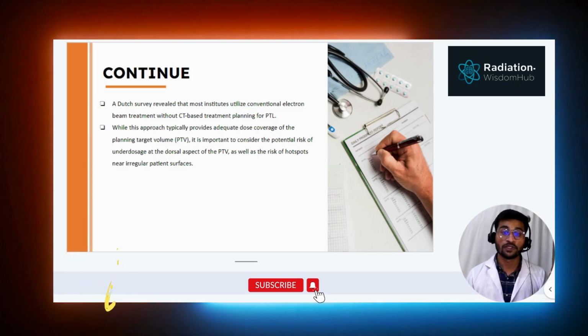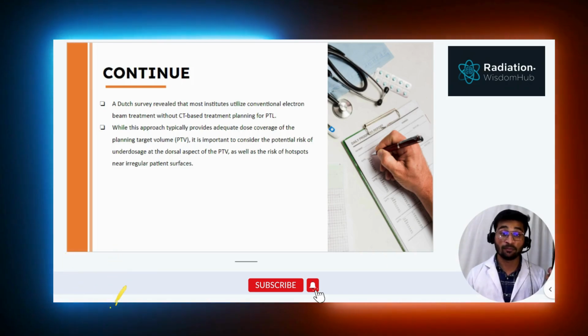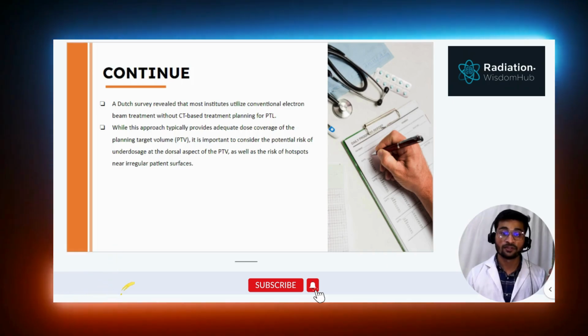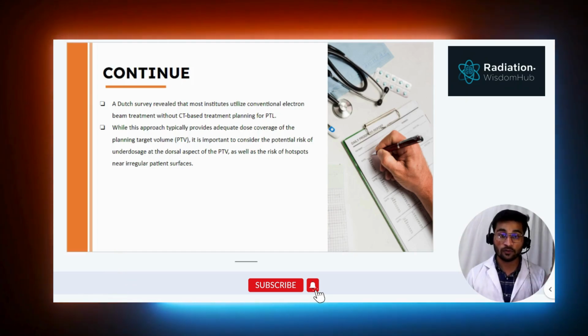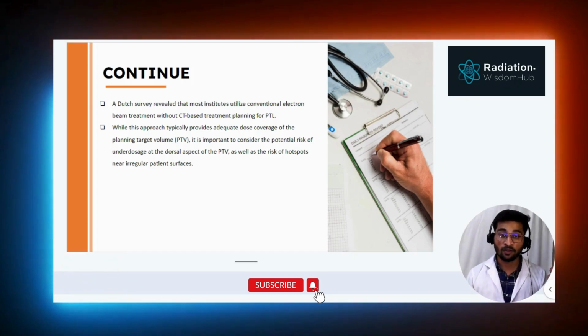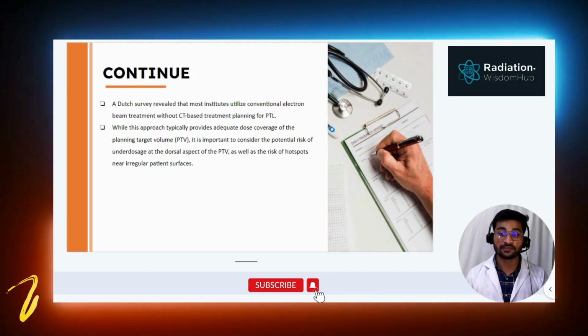While this approach typically provides adequate dose coverage of the planning target volume, PTV, it's important to consider the potential risk of underdose at the dorsal aspect of the PTV as well as the risk of hotspots near the irregular patient surface.